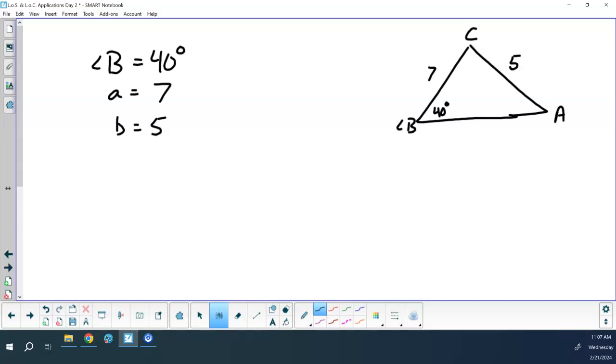Obtuse or acute angle. Well, first off, I know we can't do it when we're given 2 sides. Clearly we have a triangle. Obtuse or acute angle. The one that's given, the only angle that we have, is an acute angle, okay? All right. Opposite versus adjacent.